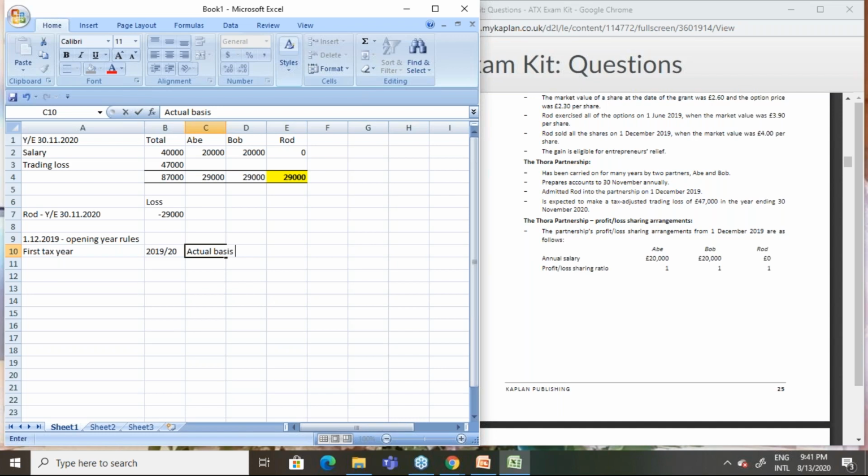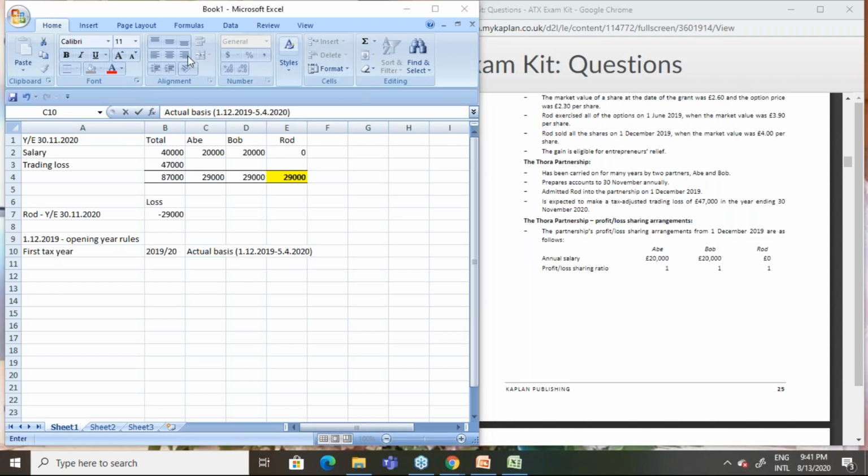What do you mean by actual basis? You need to find out the profit or loss from the date of commencement, which is 1st of December 2019, to the last date of the tax year, 5th of April 2020.